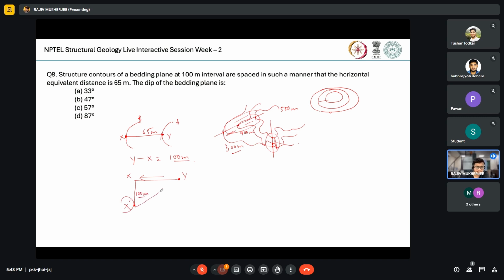So if we join these two points, we can get the value of the dip of the bed, provided that we know the distance XY, which is 65 meters. So we have 100 meters here and 65 meters over here. We can calculate tan theta, which is X prime by XY, which is 100 by 65. Let me check.